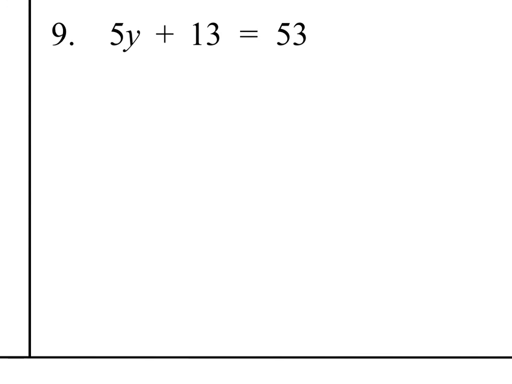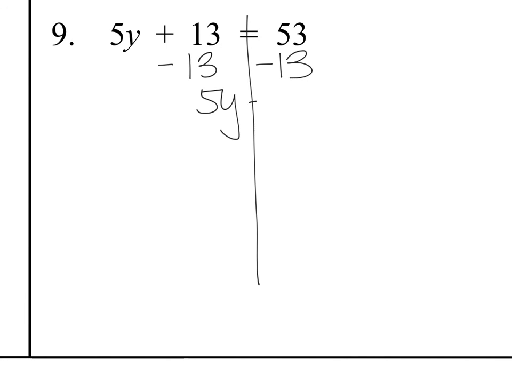And then there's number 9. It's just a two-step equation. Okay, what am I going to do to get to the variable by itself? Subtract 13 from both sides.